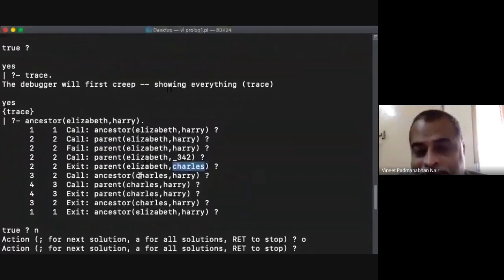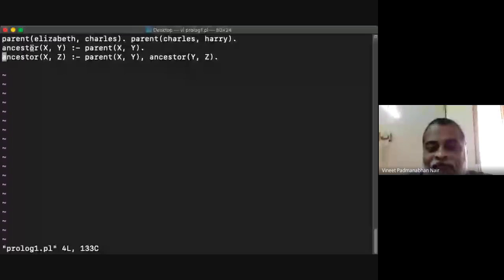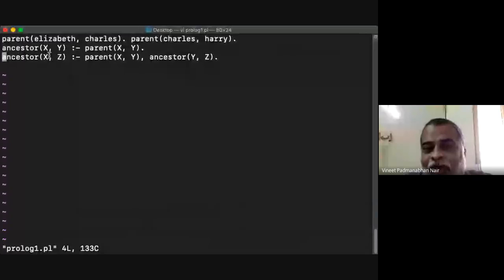Is Charles ancestor of Harry? Because based on the rule, I'm not able to show both. Why? Because in the first rule you have X is the ancestor of Y if X is the parent of Y. That failed once. In the second rule you have X is the ancestor of Z if X is the parent of Y and Y is the ancestor of Z. Now it has to satisfy these.